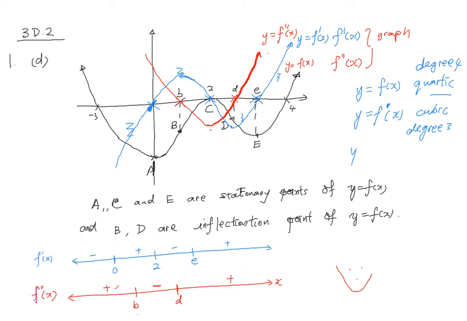And your y equal to f double prime x will be quadratic, degree 2. Because when you find the derivative, the power takes away 1. So that's why it's a quadratic.